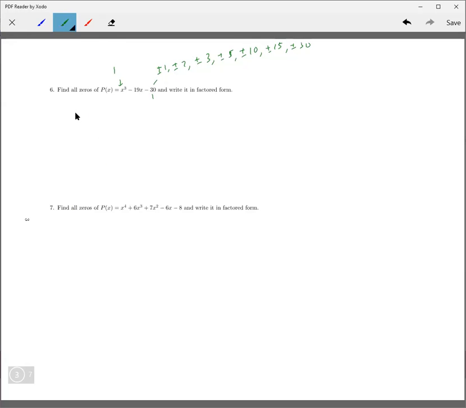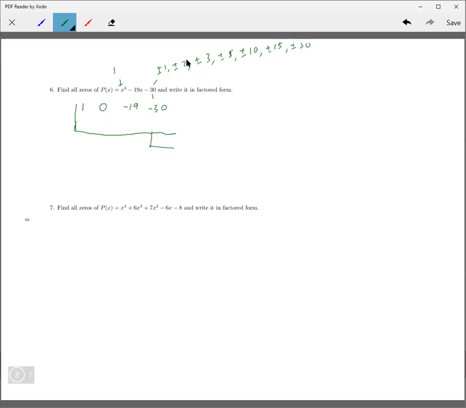Okay, so what you want to do is try to find one of these. Okay, so I'm going to use synthetic division. So I'm going to write down, this corresponds to the x cubed term. There's no x squared term, so I'm going to put a 0 there. This is the x term, so negative 19, and then this is the constant, negative 30.